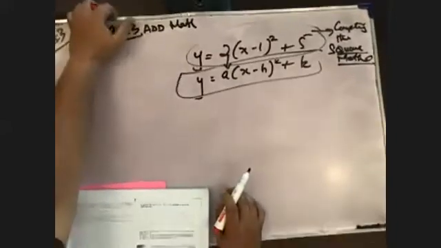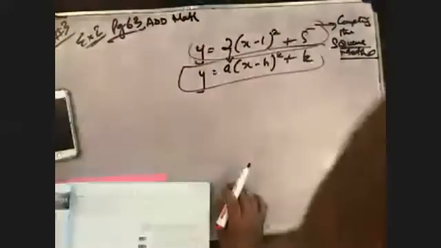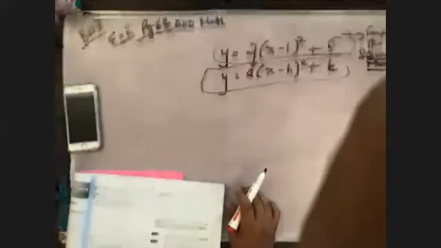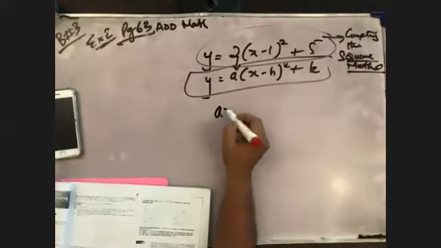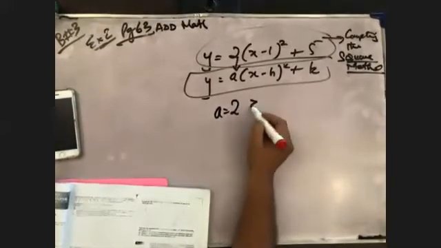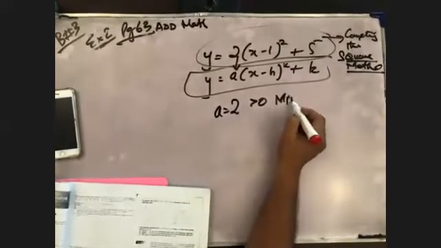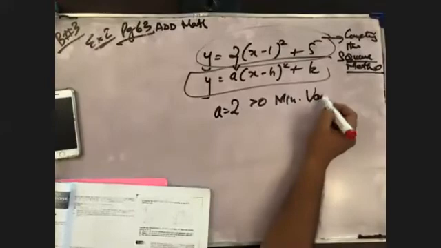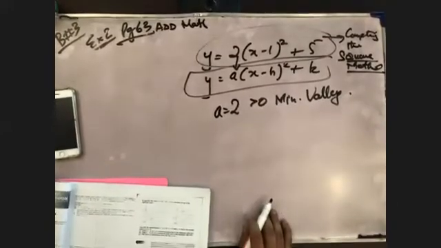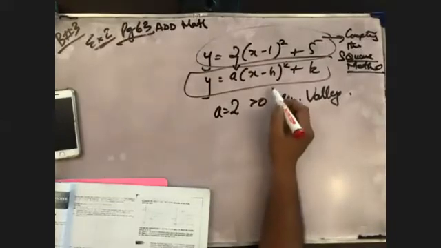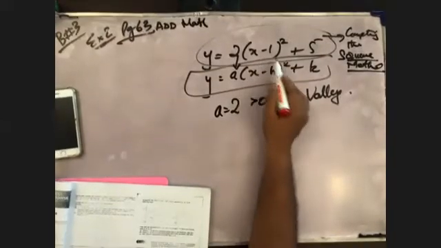In this question, we understand that a is equal to 2, which is greater than 0, so it is the minimum. Minimum means it is a value. Minus h is equal to minus 1.